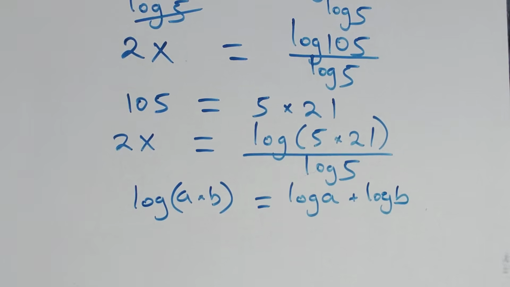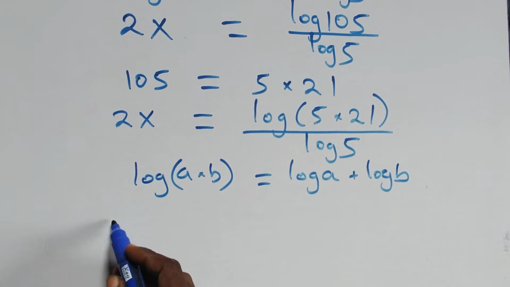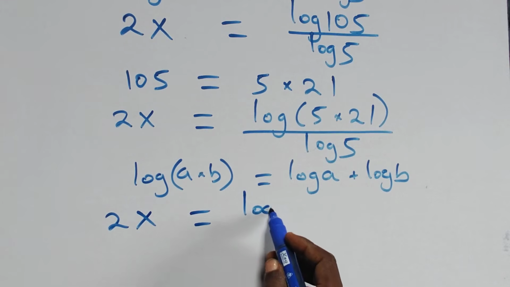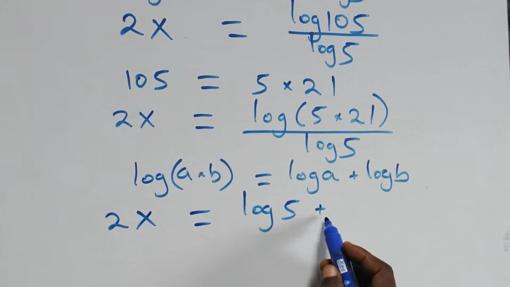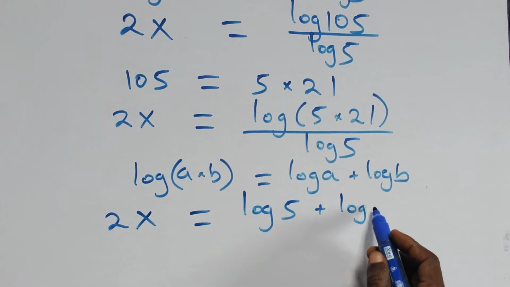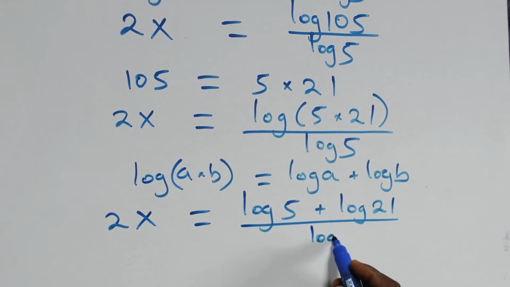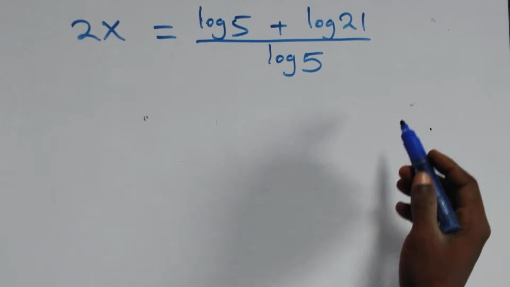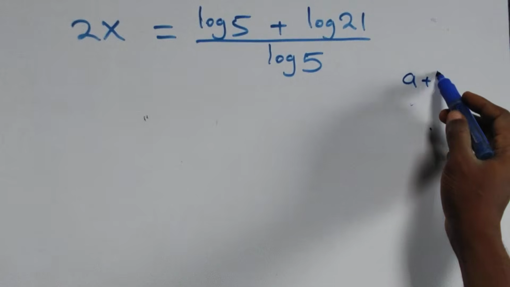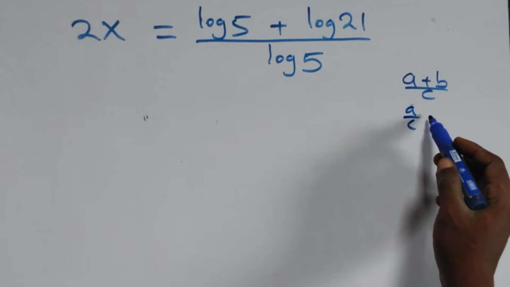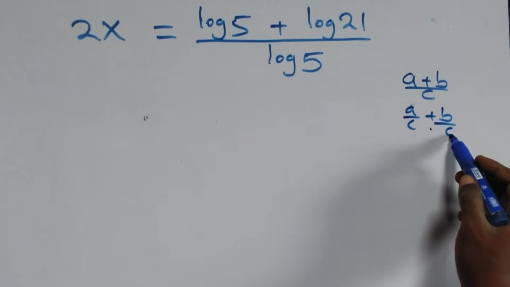And when we have log a times b, this is the same thing as log a plus log b. So here we have 2x equals to log 5 plus log 21 over log 5. This follows when we have a plus b over c, which is the same thing as a over c plus b over c.